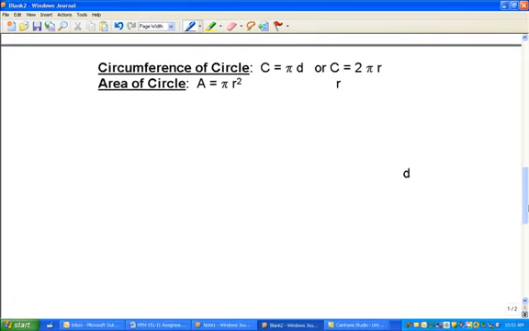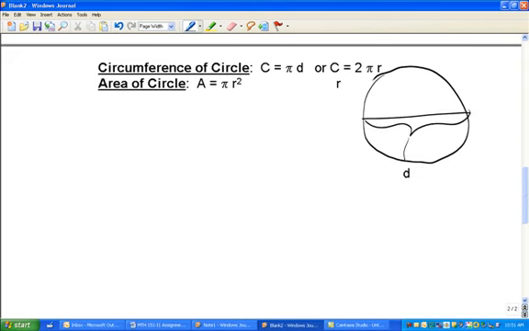Okay, our last figure is the circle, and as I mentioned earlier, we talk about perimeter with all other figures, but in this case, for the circle, the perimeter is referred to as the circumference. This here is the diameter.